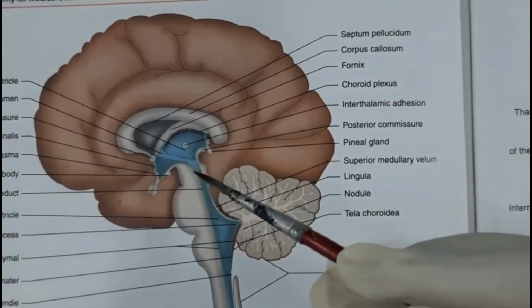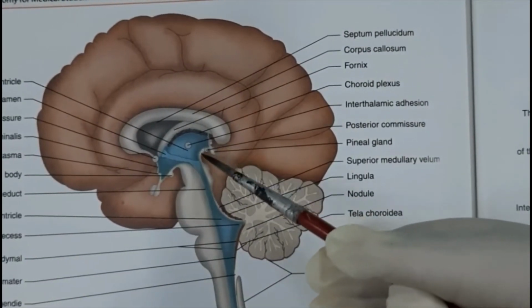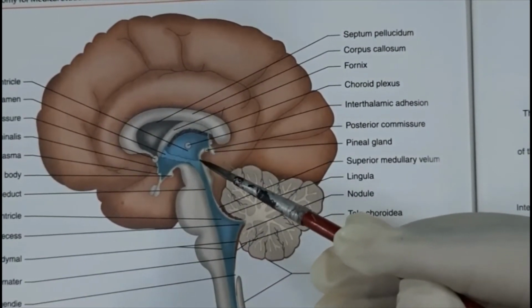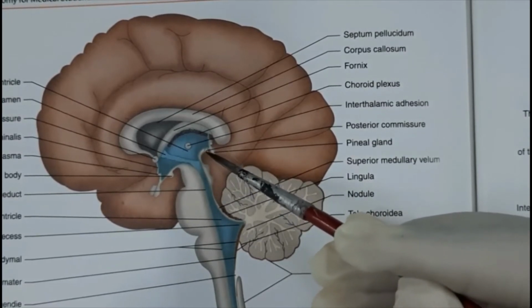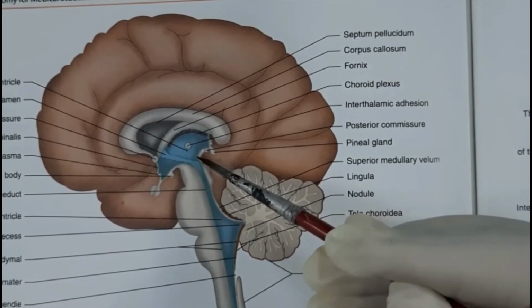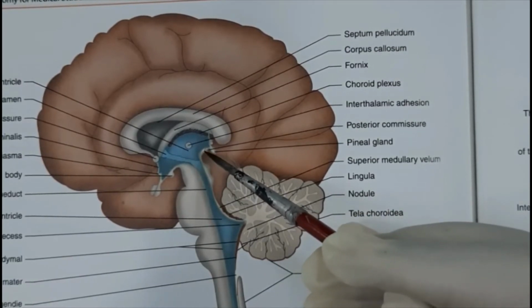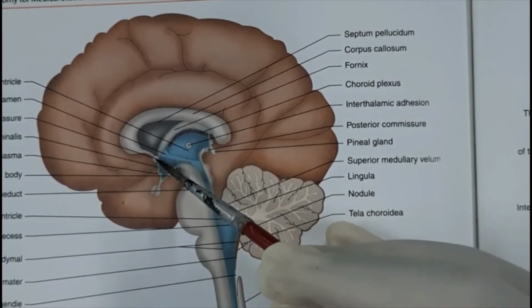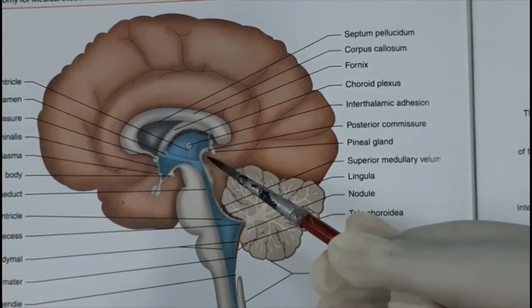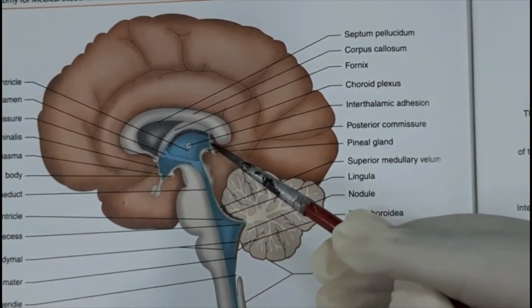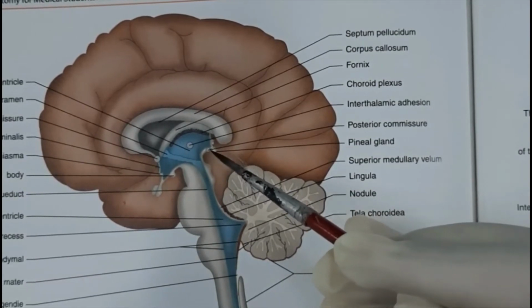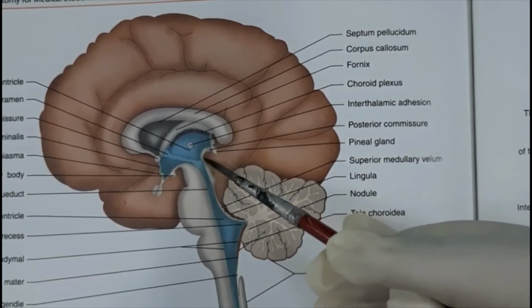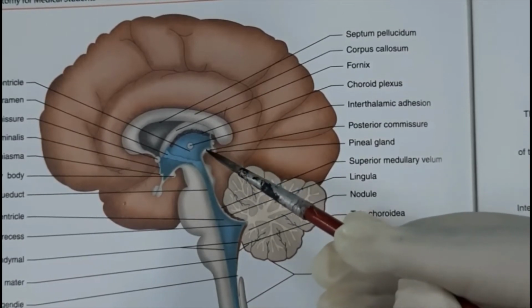Since in the specimen the pineal gland is broken, I am not able to show you. Okay, so this is the pineal recess in the stalk of the pineal gland, and just below is the posterior commissure, similar to the anterior. The anterior was here and the posterior is here. So the habenular commissure, pineal recess, and posterior commissure are the main constituents of the posterior wall.